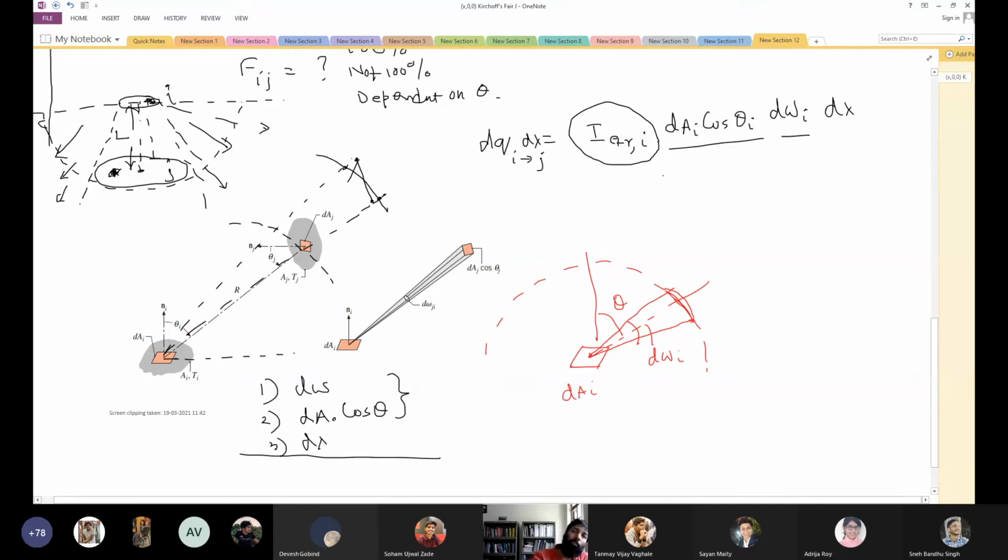This d lambda will stay because we will not integrate over lambda. That's why we didn't include d lambda here. If it gives you clearer understanding, keep it and cancel it later. Okay, sir.